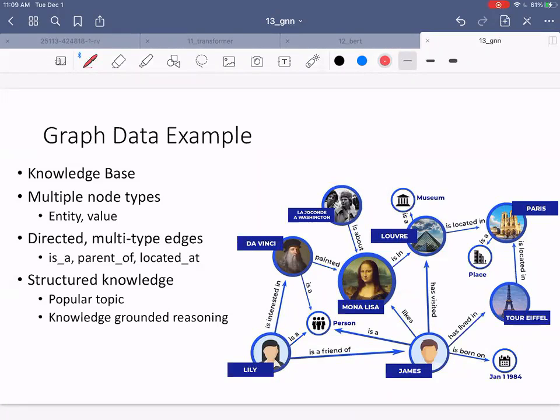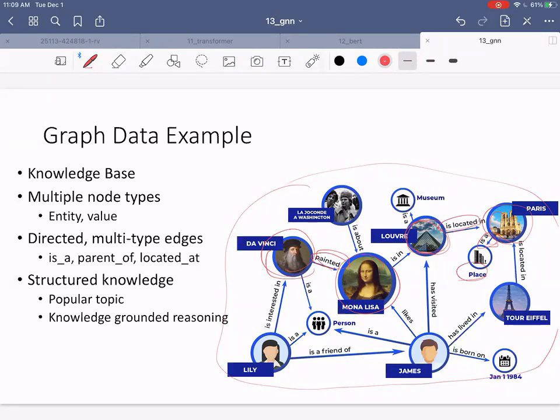This example here is just general common sense knowledge. Here you can see Mona Lisa was painted by Da Vinci, Louvre is located in Paris, and Paris is a place, something like that. So it's just structured, graphically structured knowledge.